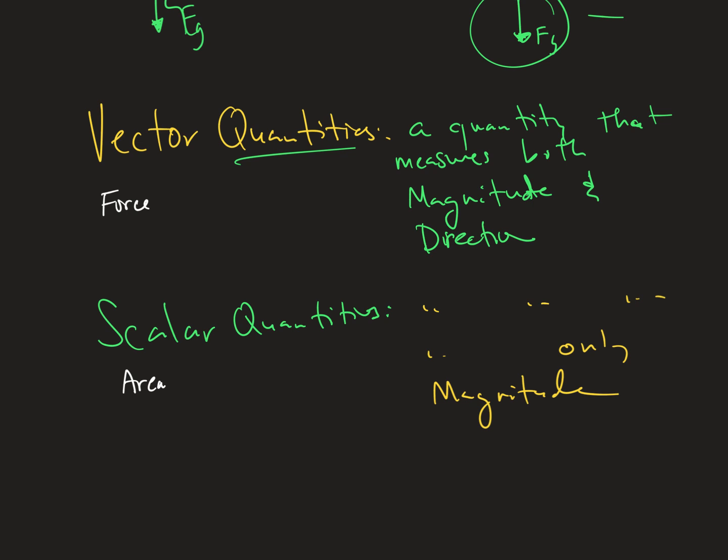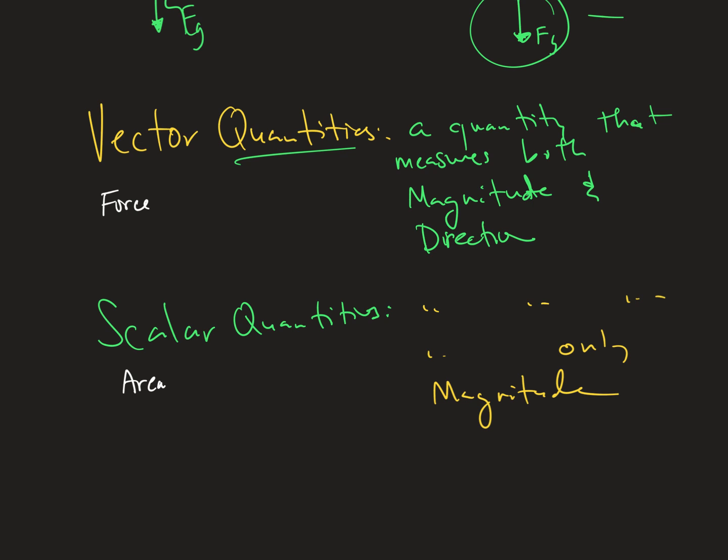Should we say 12 square feet north? No, that wouldn't make any sense, would it? Okay. Sometimes it would make sense if it's a scalar quantity, but only if there's like a pair. And we'll talk about that in a minute.